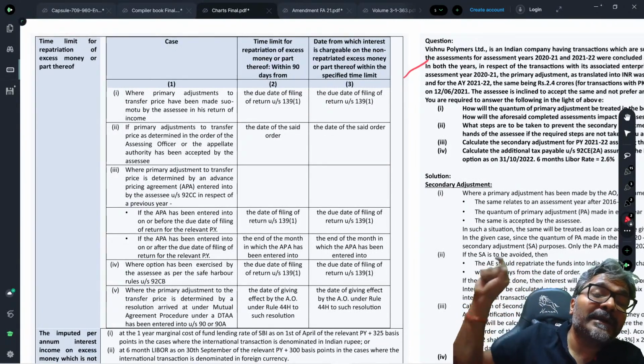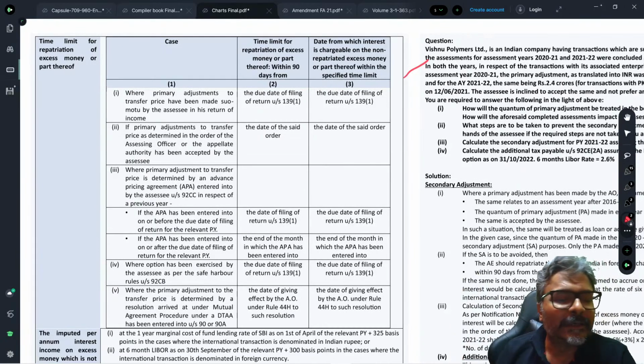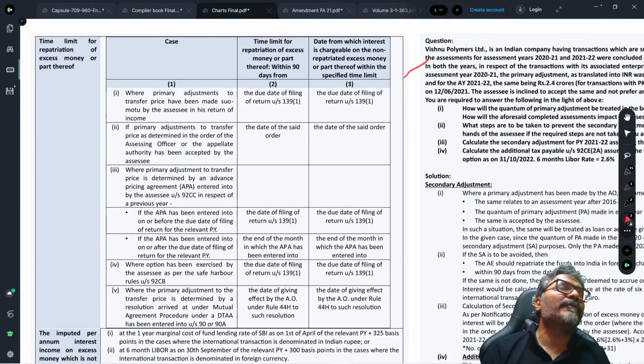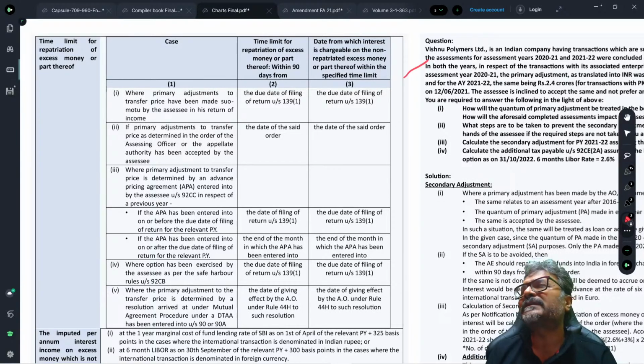Whatever SBI rate is given to you, pick that up and add 3.25% to it. But if the international transaction is denominated in foreign currency, in that particular case, students, what are you going to do?